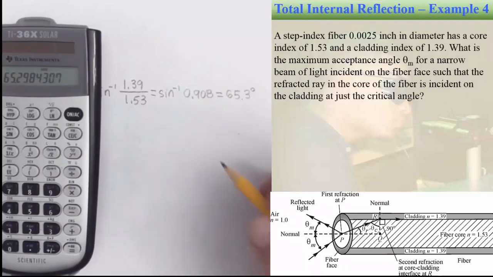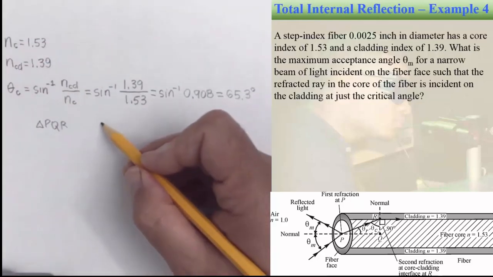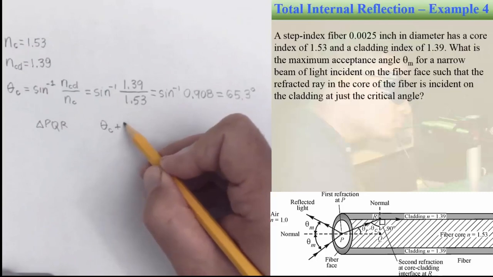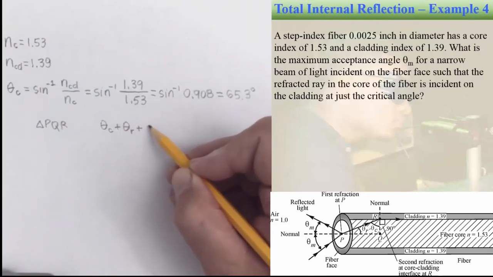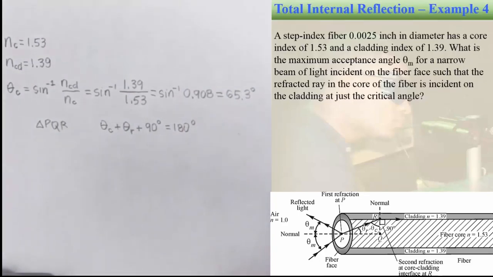So in this triangle PQR, we have three angles: critical angle theta C, the refracted angle theta R, and finally the right angle at the vertex Q, that's equal to 90 degrees. So the angle theta C plus theta R plus the right angle 90 degrees would have to be equal to 180 degrees, because we know that in any triangle the sum of the three internal angles is equal to 180 degrees. Now here we have all the information except for the angle theta R.